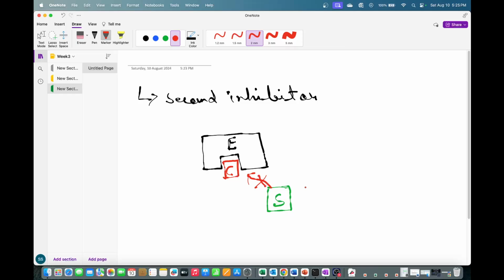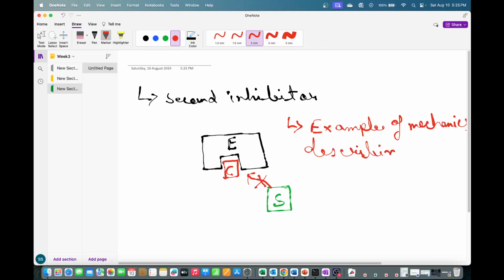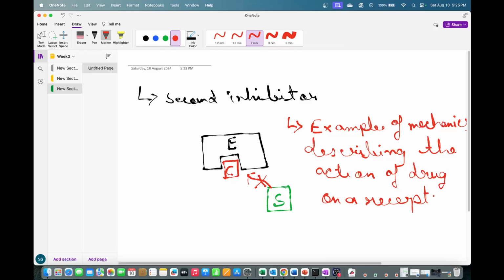And where this is used, if you ask, this is an example of describing the action of a drug on a receptor. The drug will go and bind.